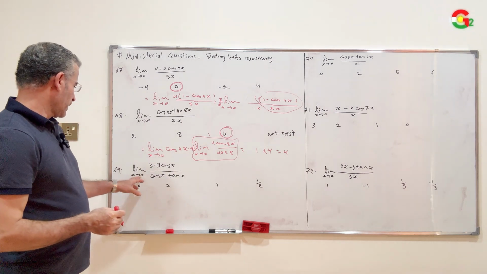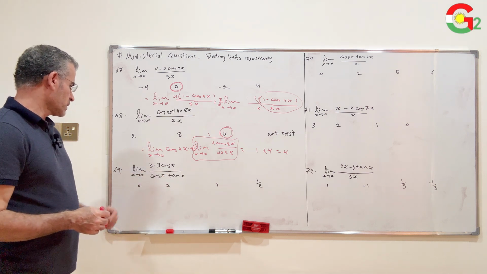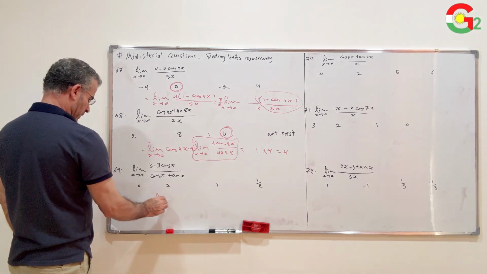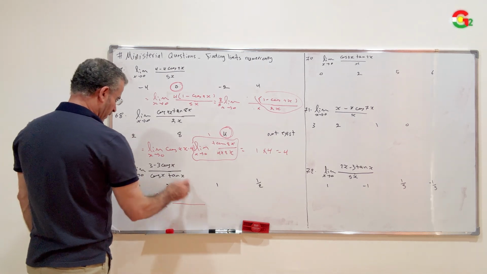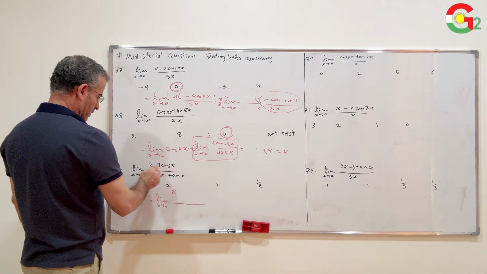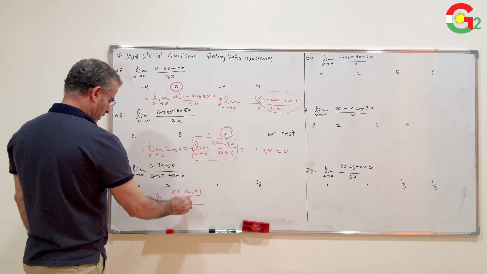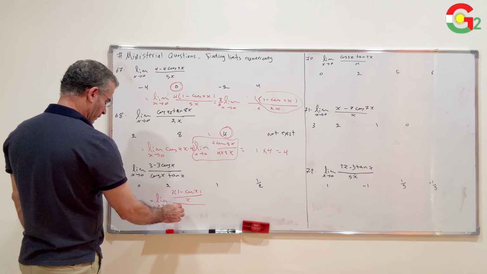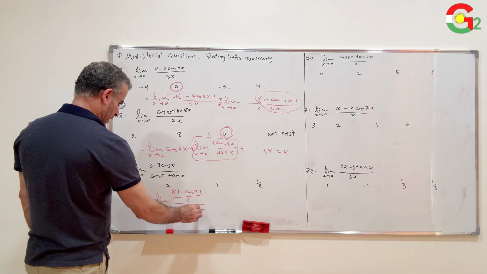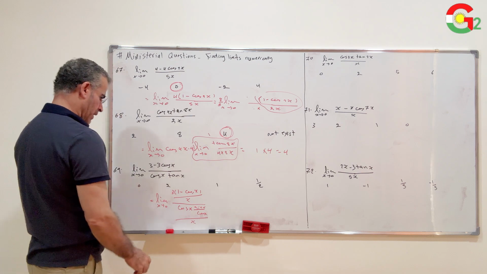69. Limit as x approaches 0 of 3 minus 3 cosine x over cosine x tan x. Divide the numerator and denominator by x and factorize the two terms by 3: 1 minus cosine x over x, over cosine x. Rewrite tan x as sine x over cosine x and divide all by x.